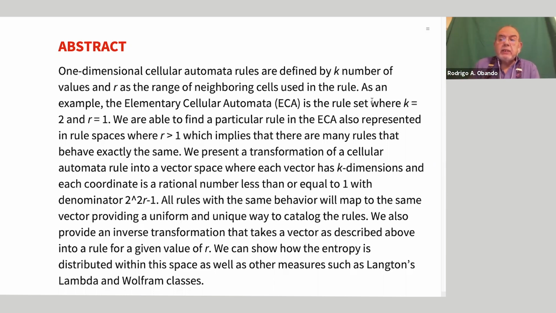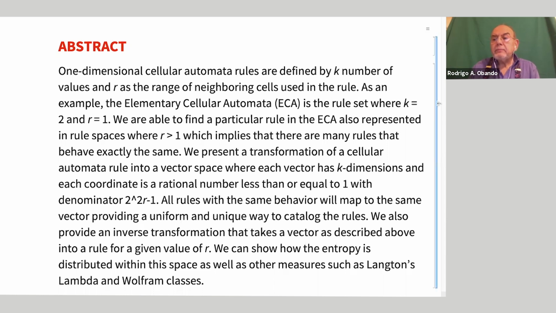So if you find a rule in a particular place, then you can find it in higher ranges. It will be exactly the same, and of course, it will be represented by a different number. So I'm going to go through a process here where I show a way to sort of uniform that. And that was the abstract.